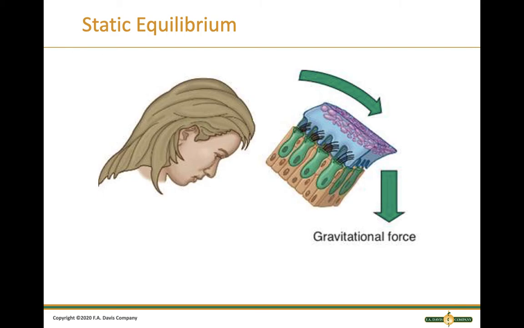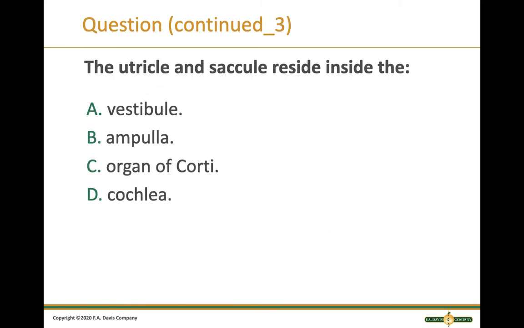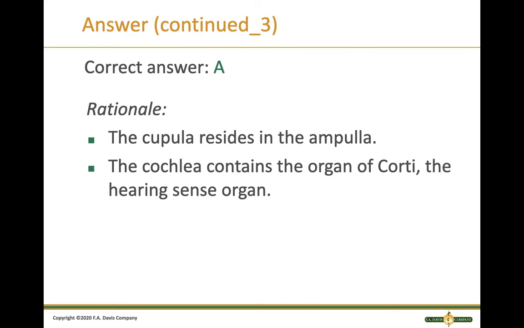These are also going to be involved in detecting linear acceleration. So if you move forward, those otoliths are going to move back and stretch those hair cells. And so we need both of these together to give us our sense of balance. And the utricle and saccule reside inside the vestibule.